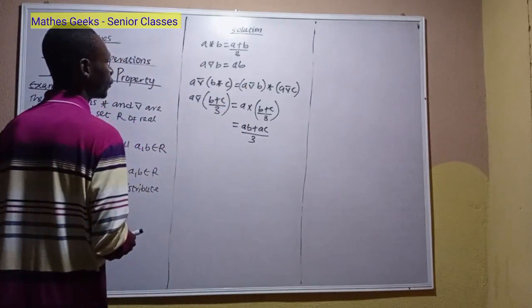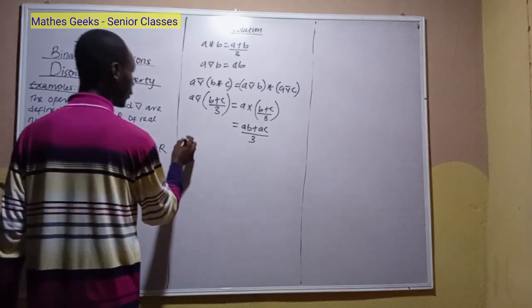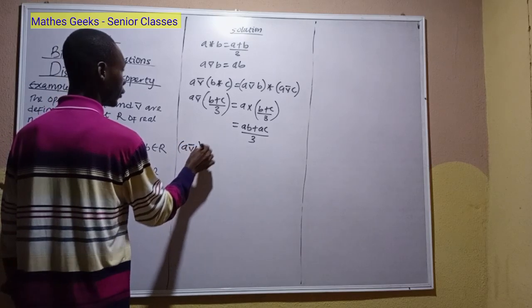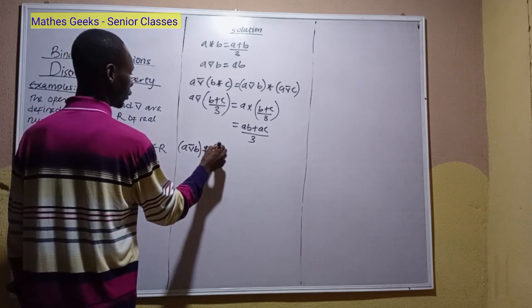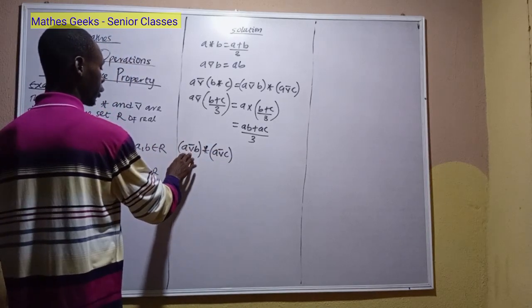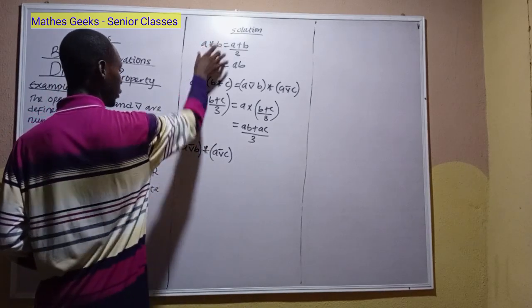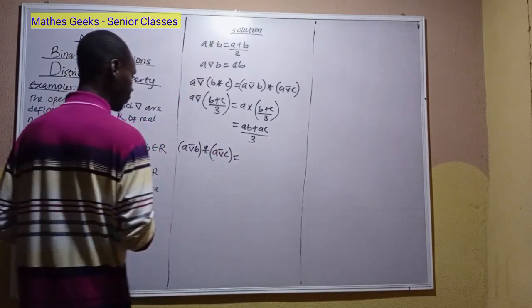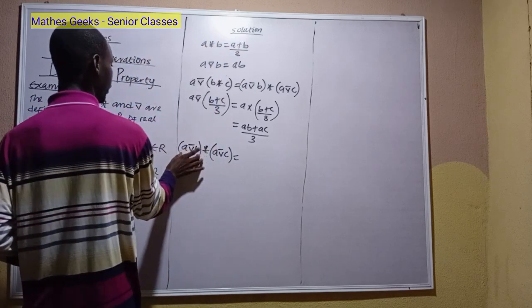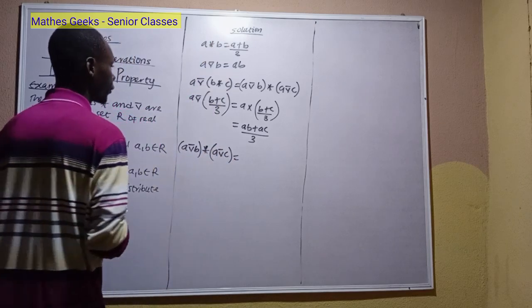The (a ∇ b) star (a ∇ c). Since ∇ distributes over star, that tells us that we are going to use the star operation in this. The star operation is (a + b)/2, where a is a ∇ b and b is a ∇ c.